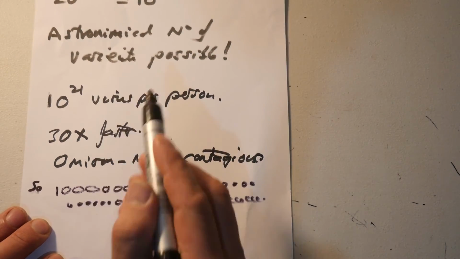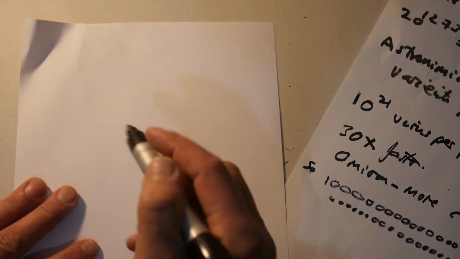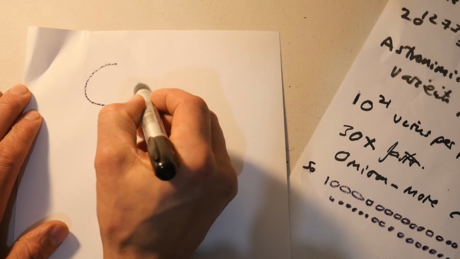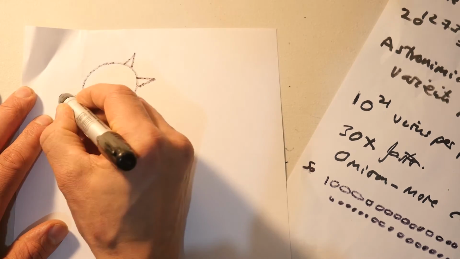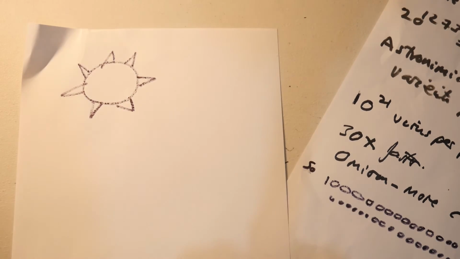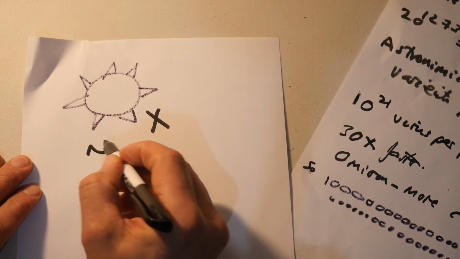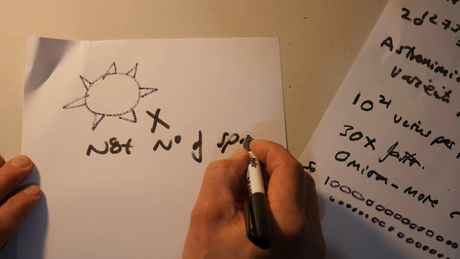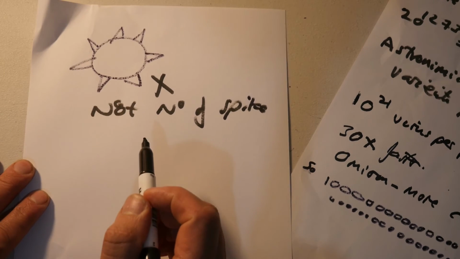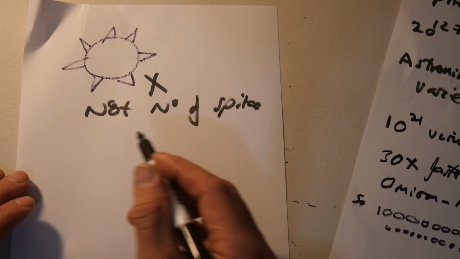What this refers to is not the number of spikes in the virus, okay? I'm not meaning the number of spikes. What I'm referring to is the different combinations of amino acids.